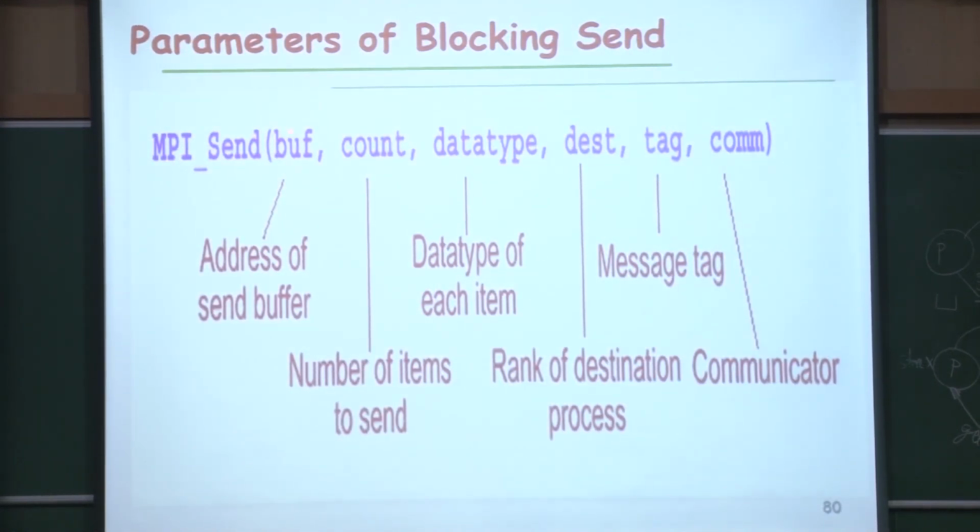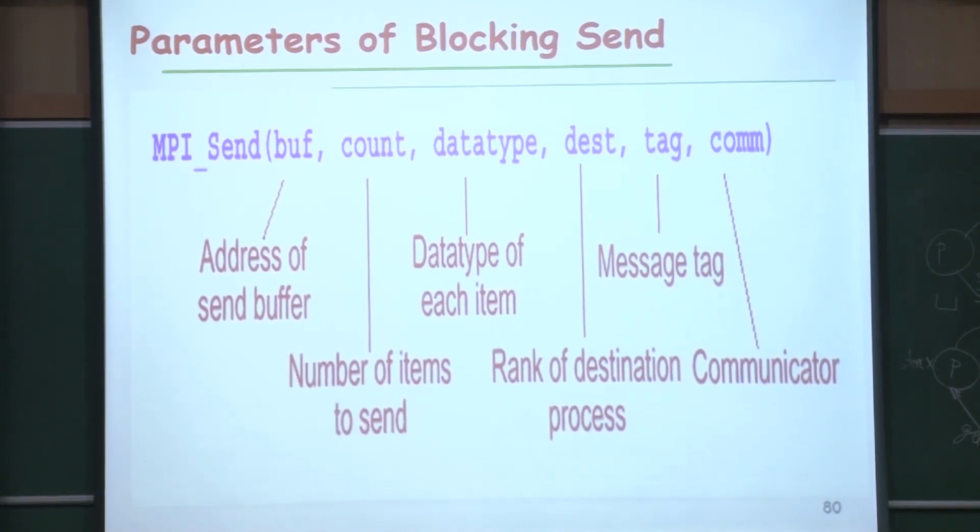So, an MPI send is going to look like this: the location from where you want to send the data, the amount of data, the data type, the process to which you want to send the data, the optional tag, and there is one more thing called communication group. Okay. For now we will assume that everybody is in the same communication group. You can define subgroups, and you can do communications within the subgroup and so on and so forth.